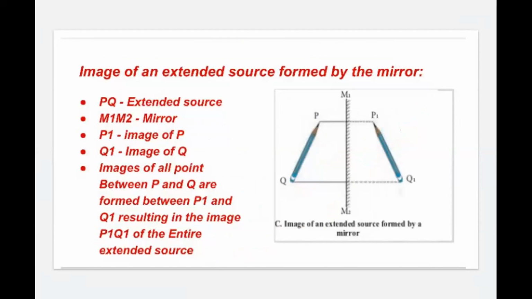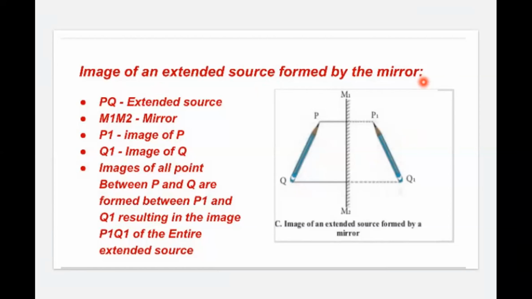Now we will see what if the source or object is an extended source and how the image of an extended source is formed by a mirror. One thing that must be noted over here is an extended source is a source which is going to have more than one point as a source of light.